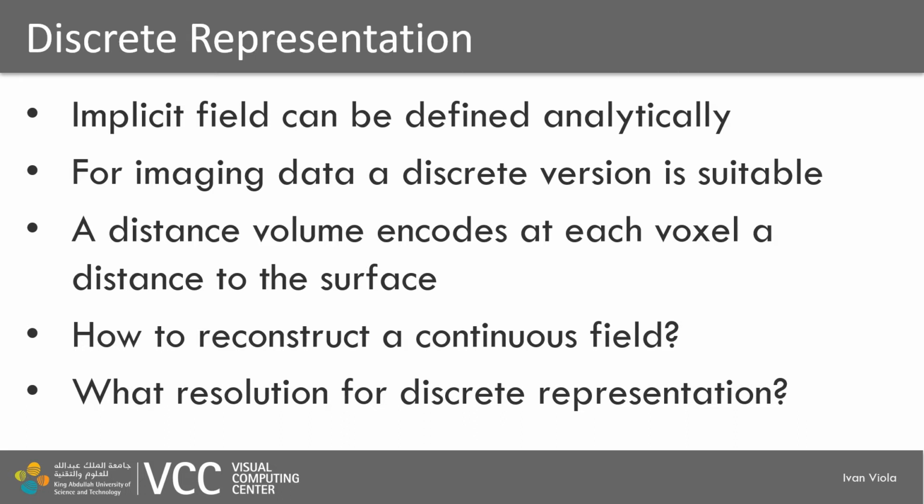In such a case, we do not have the analytical representation at hand, but we do have a discrete, voxelized representation, which we can then turn into a distance representation, but still defined discretely.